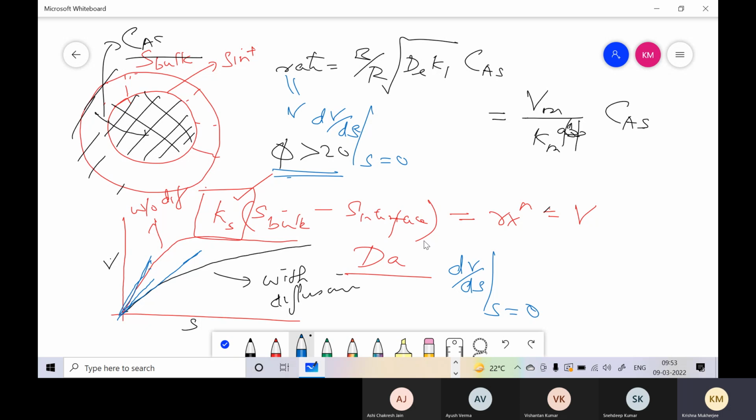Make sense? No? Yes? And can you now, using these expressions, because you know your K1, this K1 here is actually Vm upon Km true, and this is Km apparent, from these expressions, can you then derive this, if you know the radius of the pellet? If this is known.